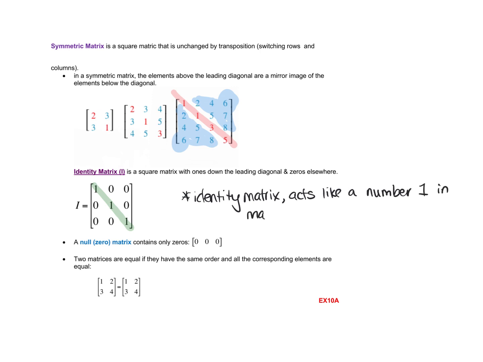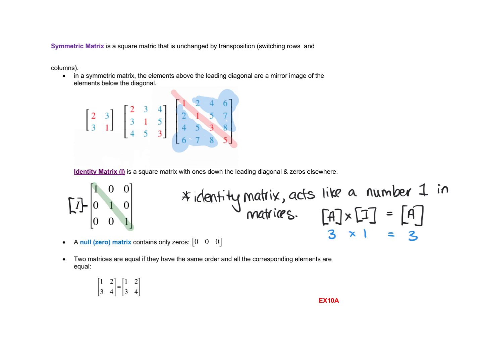And what I mean by that, and we'll see a bit later, is that we often call the identity matrix I. So if I had a matrix A and I multiplied it by an identity matrix, what I end up with is just A. As I'm saying, because it acts like a number 1, if I did 3 times 1, do I still get 3? Yeah? And that's what I'm saying. So an identity matrix can be like a number 1. It doesn't affect the value of the other matrix when you multiply it.